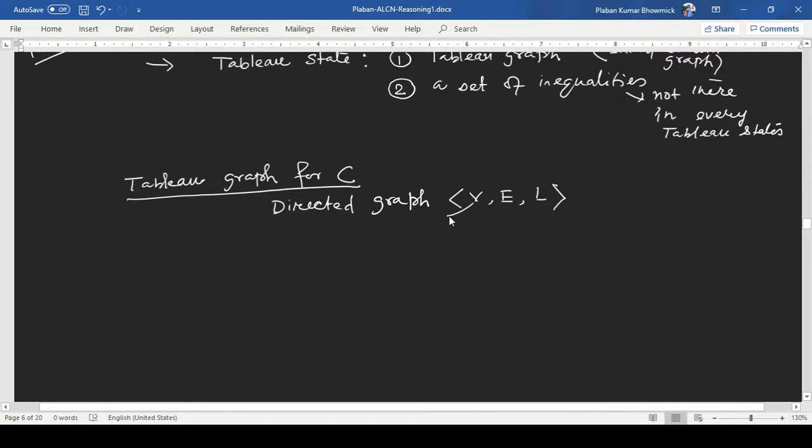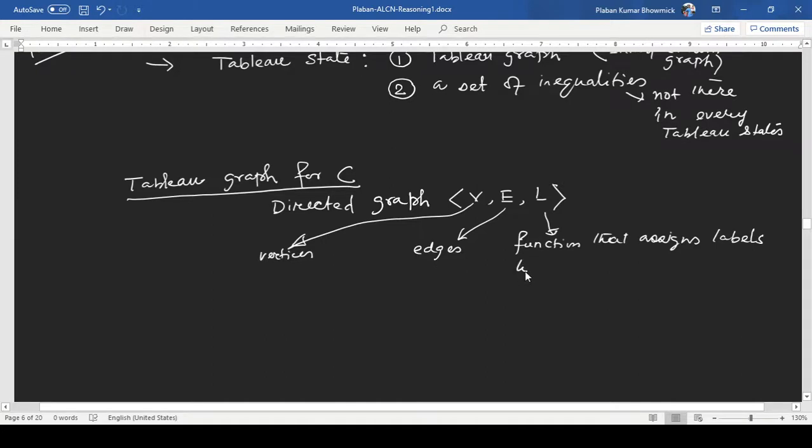So V is a set of vertices, E is a set of edges, and L is a function that assigns labels to each node and edge.